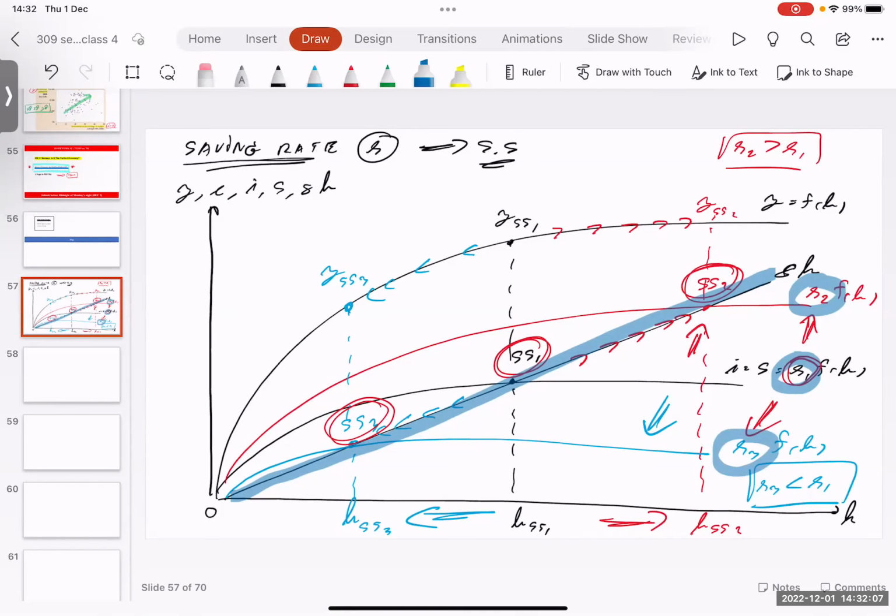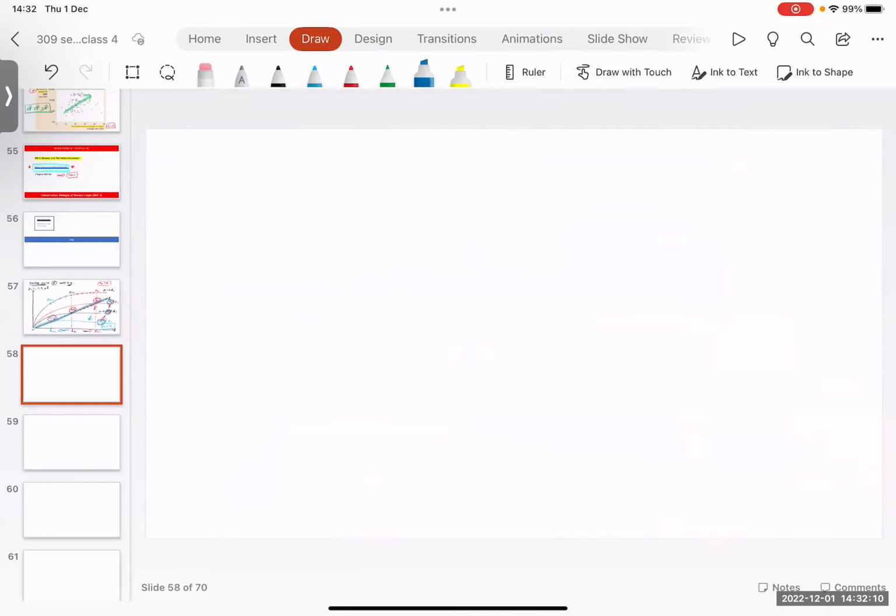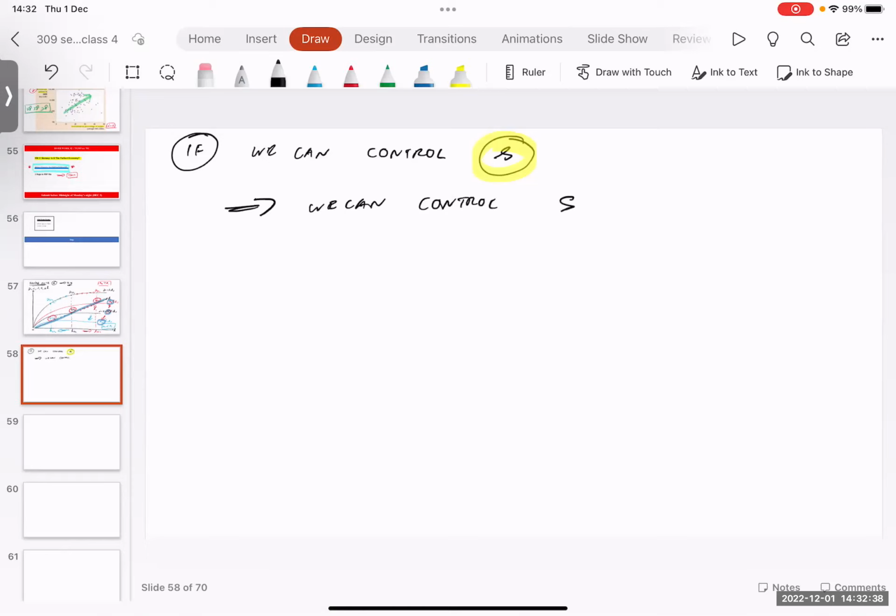This is what I want to show you here, so I can write down the conclusion. If we can control the saving rate, we can control saving per worker.